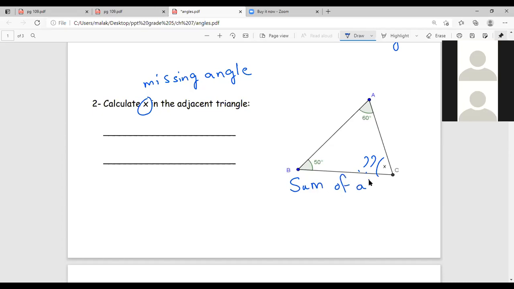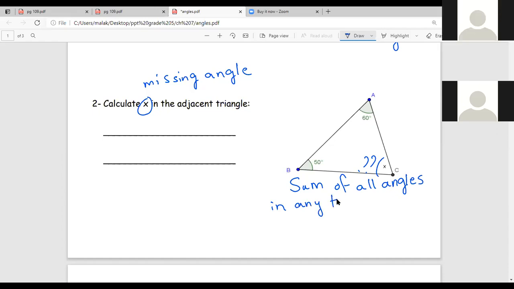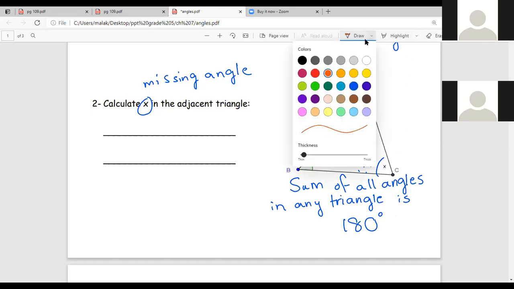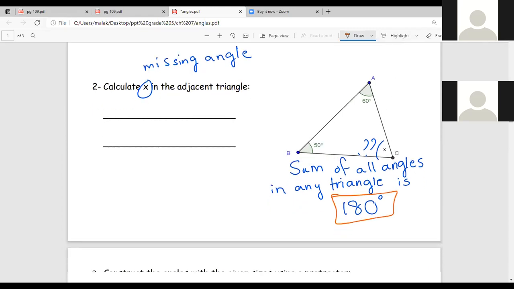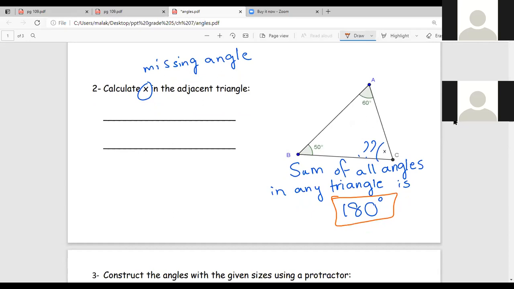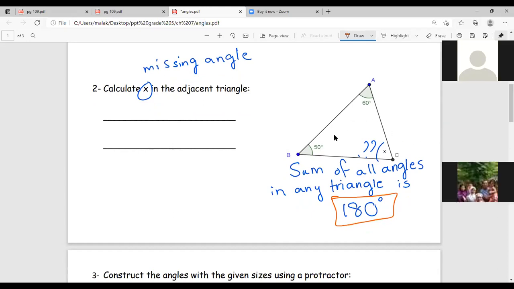Bravo. Write it under the triangle: the sum of all angles is 180 degrees. I gave you 2 angles, 60 and 50. So what shall I do first in order to know the missing angle? We will add them.